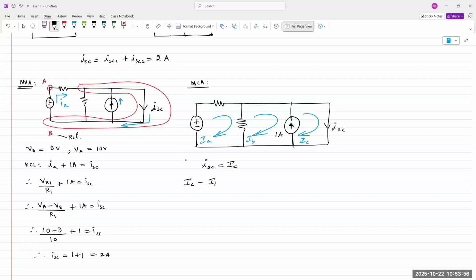IC minus IB is equal to my current source of 1 amp because it's in a shared branch. As long as the current source is in a shared branch, it cannot have the same value as one mesh current.